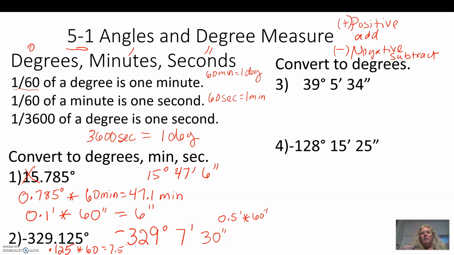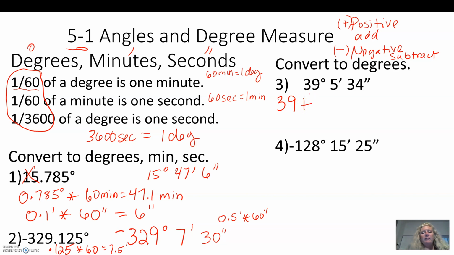So the addition or subtraction problem we're going to do on number 3 is 39 degrees, 5 minutes, 34 seconds. We're going to add that because it is a positive angle. So when we set up our math problem, we use these things over here. 39 degrees, that's our whole degree, so we're just going to write the 39 and say plus.